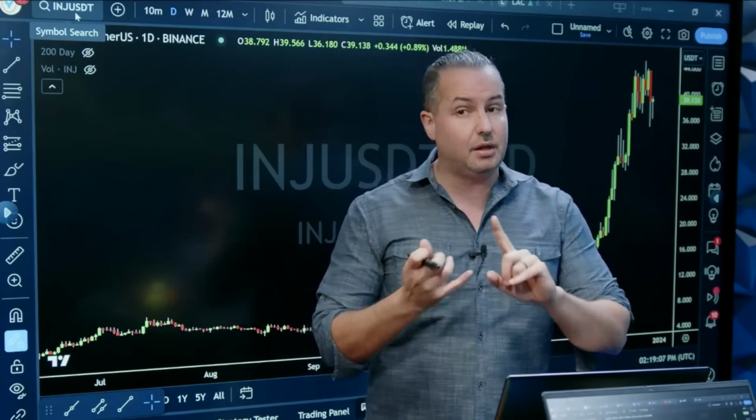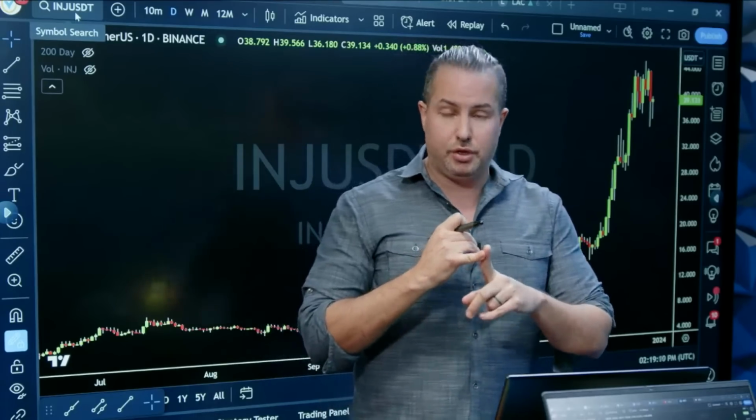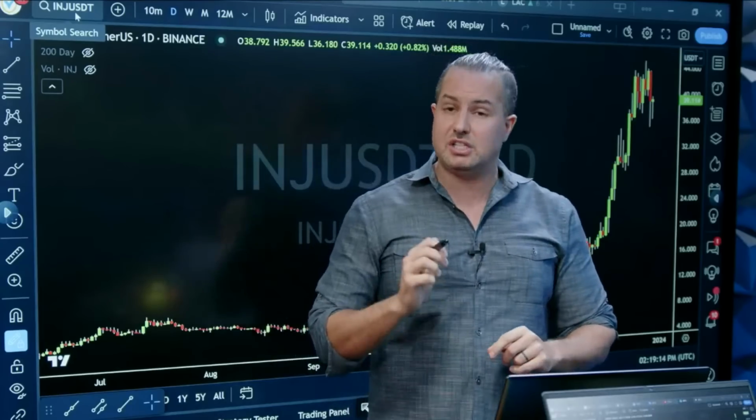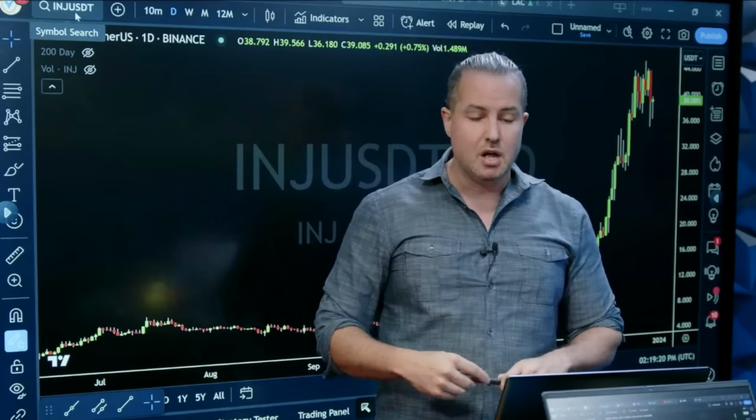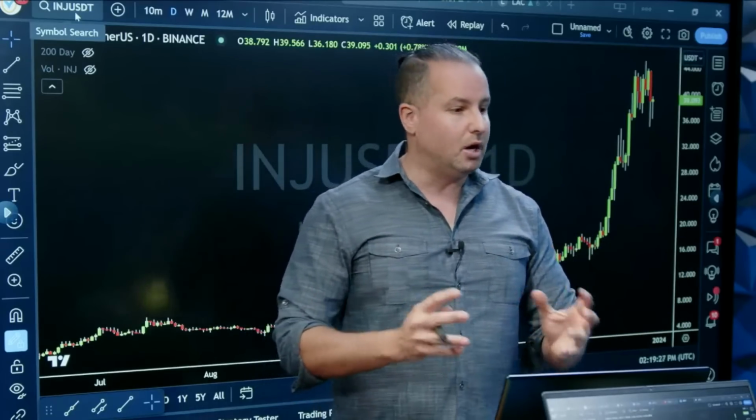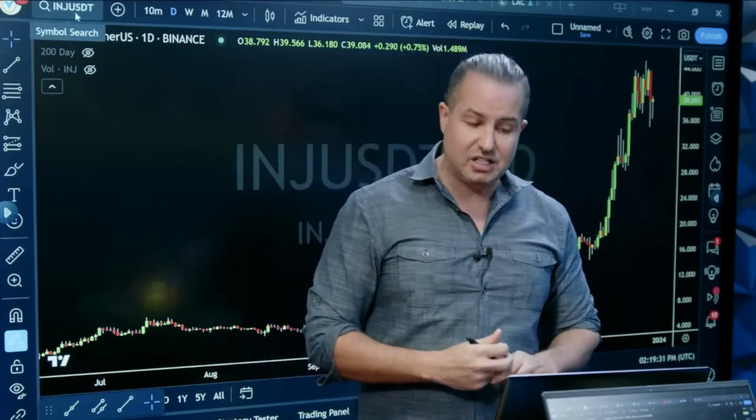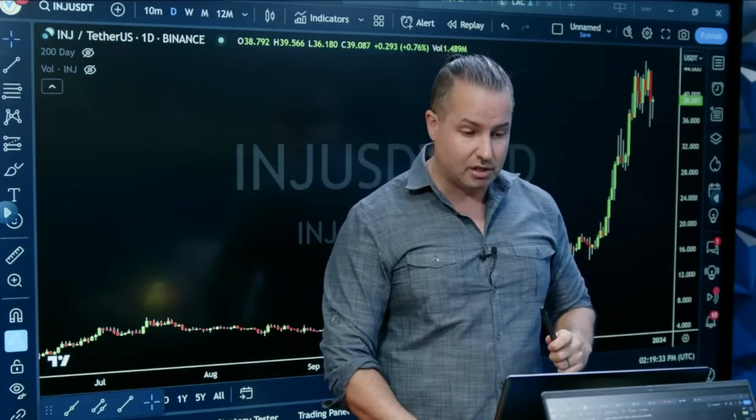Not necessarily in Ethereum, I'm not seeing the same thing in Ethereum, and I'm not necessarily seeing it in Bitcoin, but in altcoins, these types of moves are the moves that predate a flush and essentially a run for safety. Now, it doesn't mean you don't play the altcoins. If you like playing altcoins, play altcoins, but just be smart about it. I'd much rather miss a pump and dump than get caught up in a pump and dump. And I think that's the key there. All right, so in any case, just something to note there.